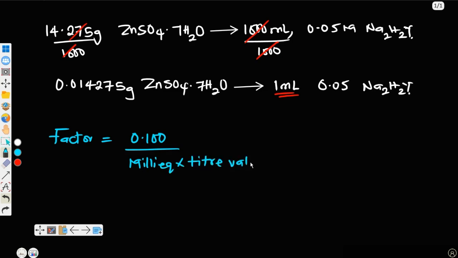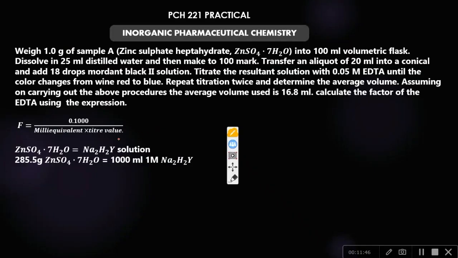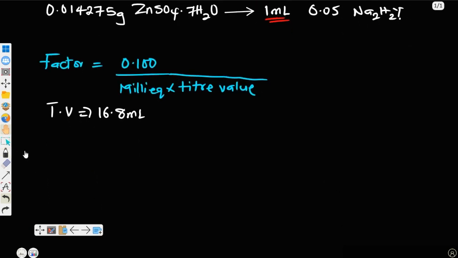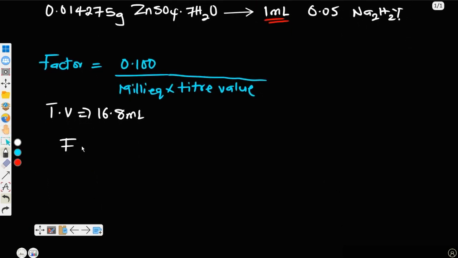Now in the question, the titer value was given, so let me write it as TV, titer value. Titer value was given as 16.8 ml. So you come here and say titer value is 16.8 ml.